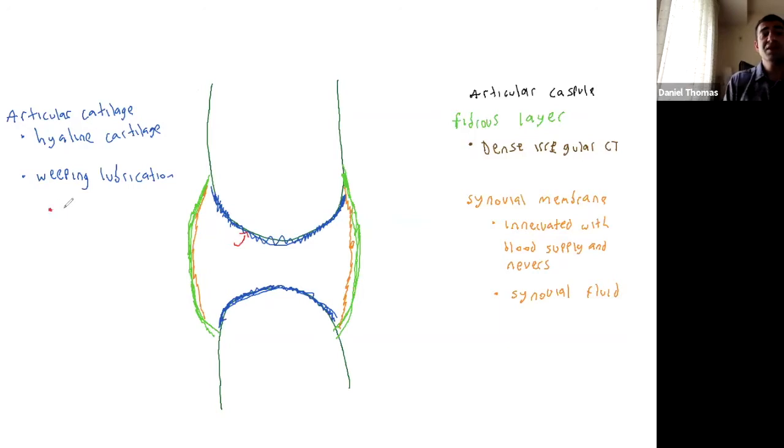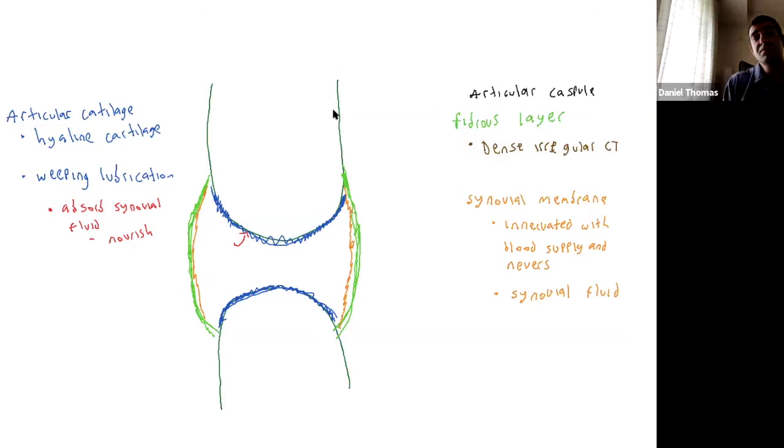So it's going to absorb synovial fluid, and the effect is going to be that it's going to nourish it. Let me write that on the bottom. The goal is it's going to nourish it. It's going to supply the cells of the cartilaginous tissue with nutrients.